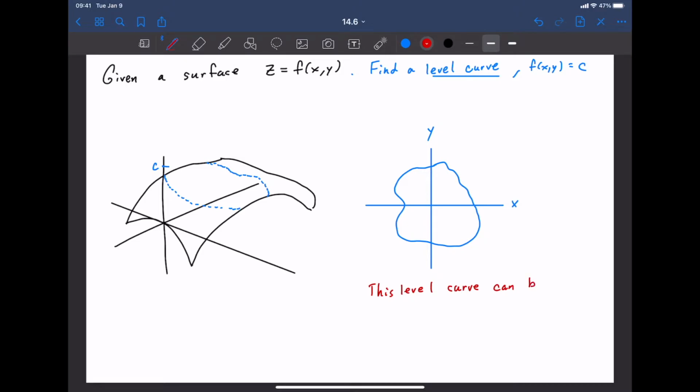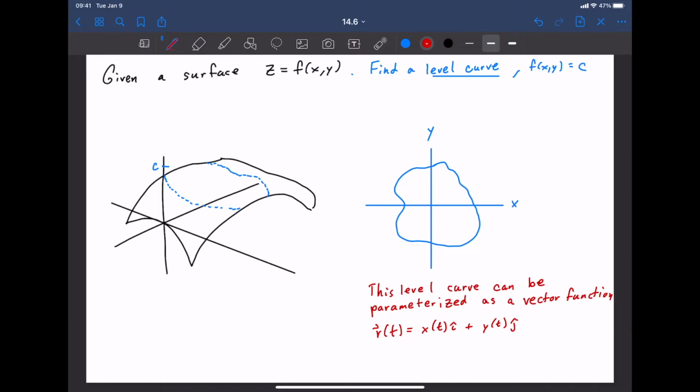can be parameterized, which is something we discussed in chapter 10, or even chapter 13, as a vector function. r of t equals x of t i plus y of t j.